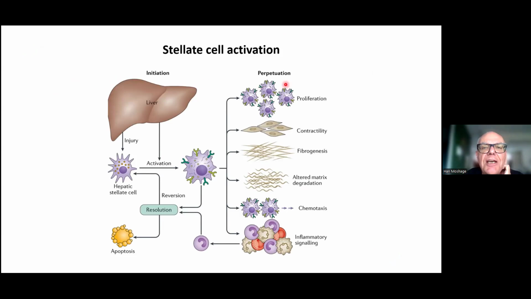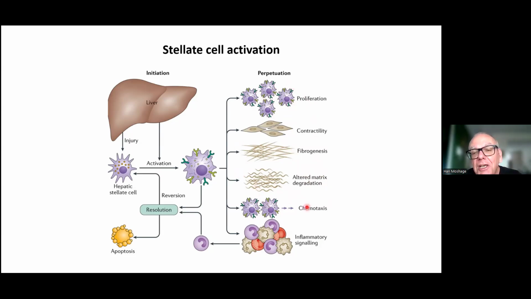This is the activation of stellate cells. So we have the normal liver, and in response to injury, the stellate cells that normally store vitamin A and lipids become activated, and these activated stellate cells produce scar tissue, extracellular matrix, collagen, and alpha smooth muscle actin, and a lot of other factors that promote inflammation.